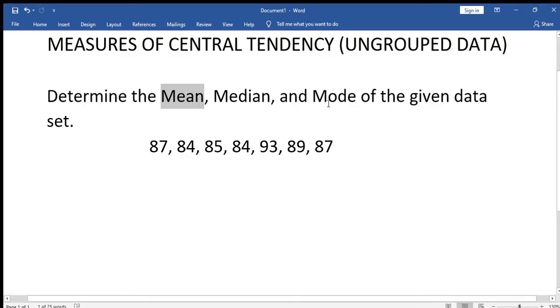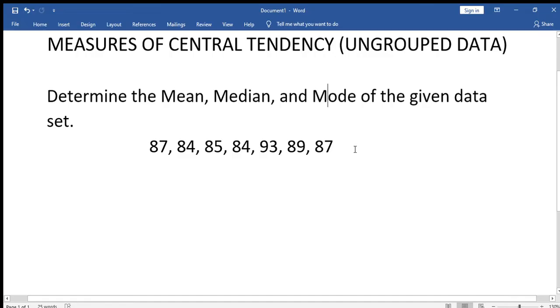While mode, this is talking about the data or the scores that are repeated in a given data set. So mode is defined to be the score that appears most frequently in a given distribution or data set.